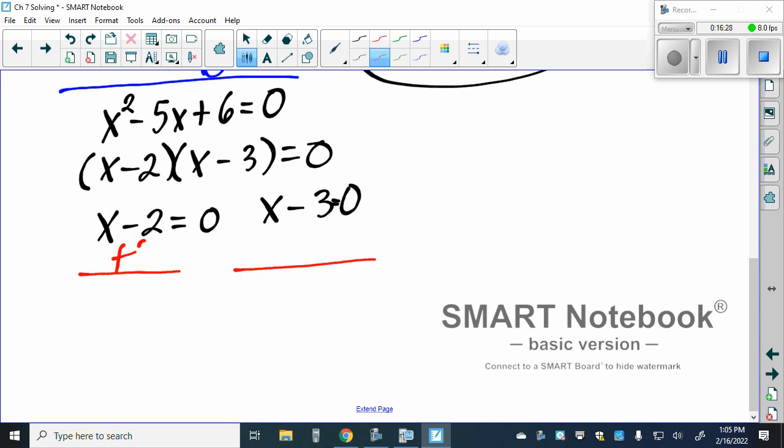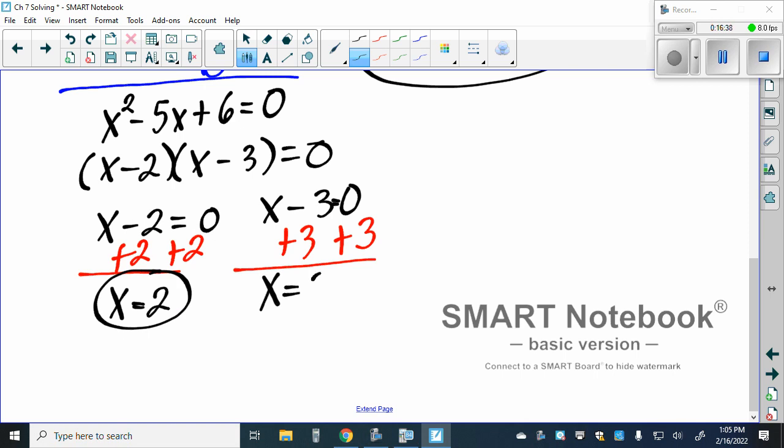In both cases here, so here we would add 2 to both sides. Here we're going to add 3, telling us x is equal to 2, and here x is equal to 3. Which is exactly what we got by factoring it.